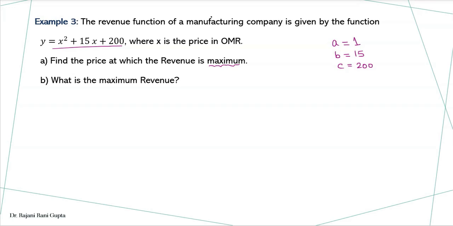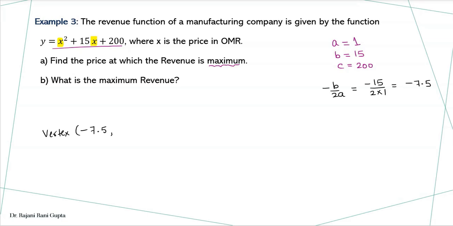So axis of symmetry, minus B over 2A. I hope by this time you remember this formula. So it is minus 15 divided by 2 times 1, which is minus 7.5. So this is the first point of the vertex, minus 7.5. Now, next what you have to do is replace the x in both the places by minus 7.5.